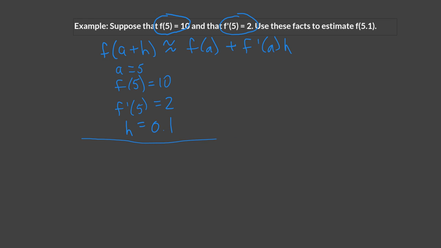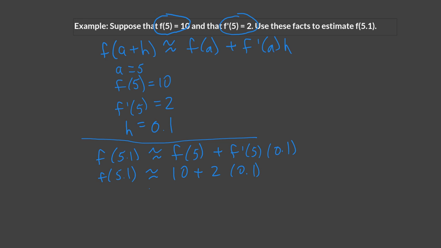So using all of these facts and plugging into that approximation formula, we're going to get f of 5.1 is approximately equal to f of 5 plus f prime of 5 times 0.1. That is, f of 5.1 is approximately 10 plus 2 times 0.1.